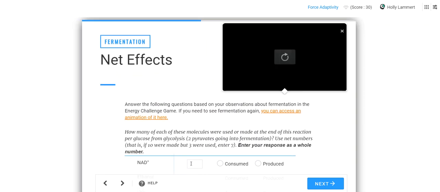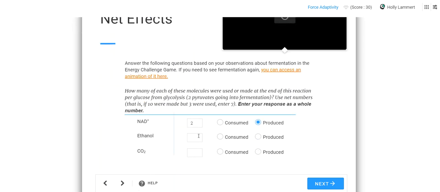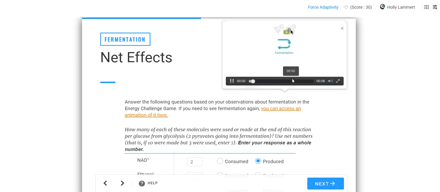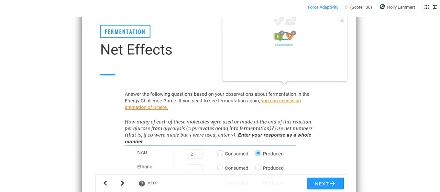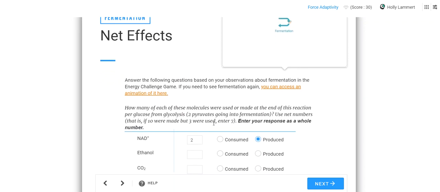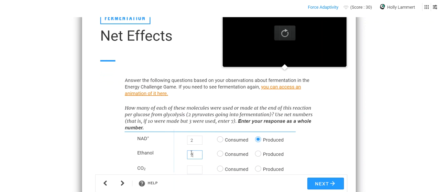We had 2 produced. Ethanol, 2 produced. Carbon dioxide, 2 produced.